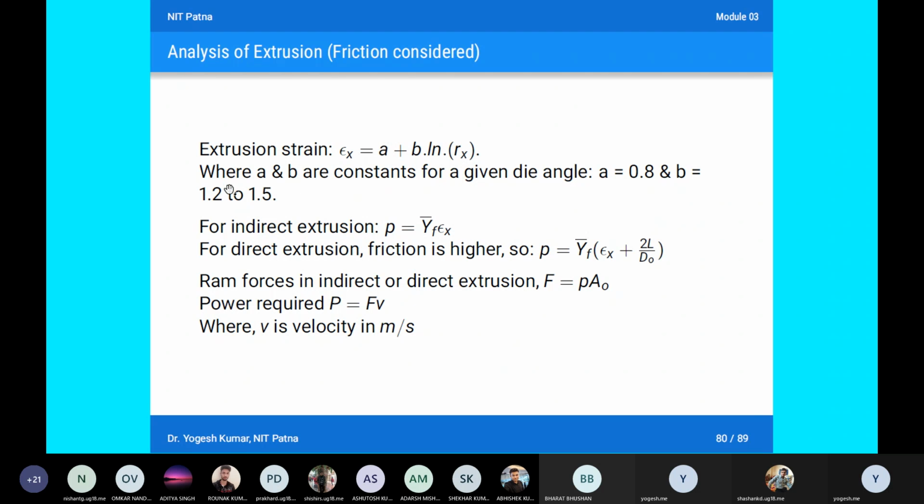I will check again and let you know in the next class tomorrow how this B is calculated and what research has been done to calculate it. Because in normal books, you will find only numerical ranges. So this is how we will proceed ahead.